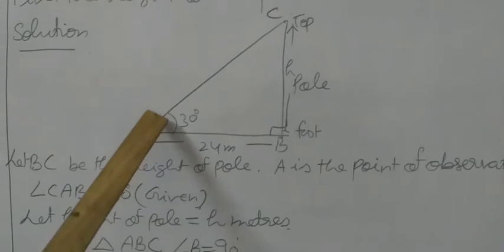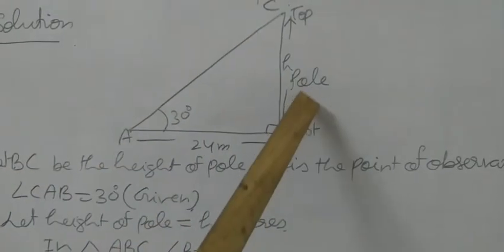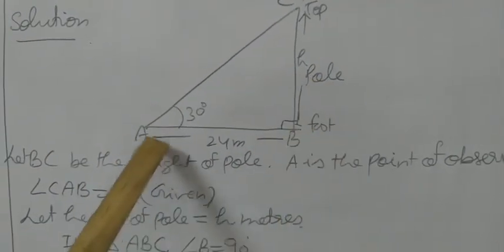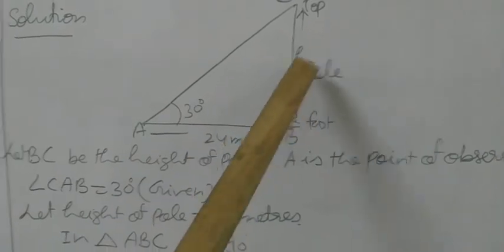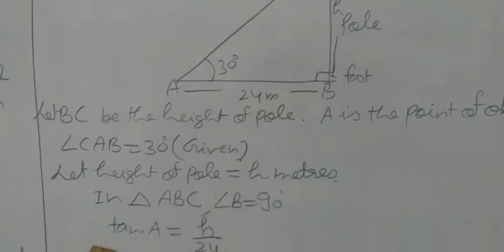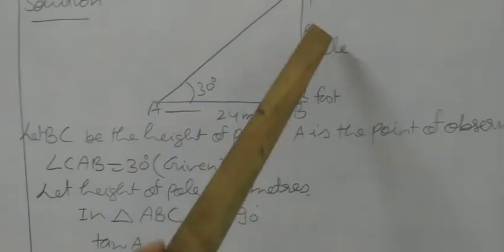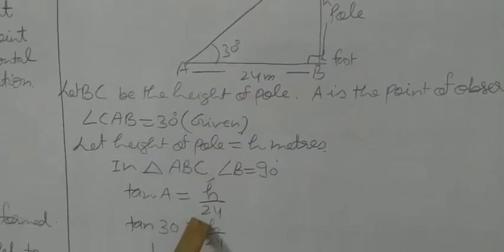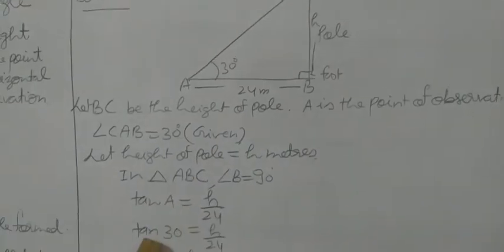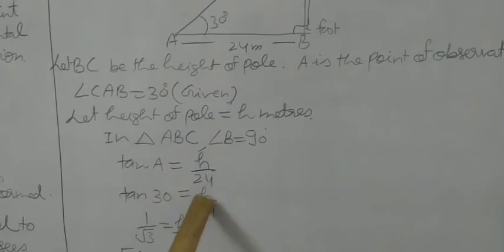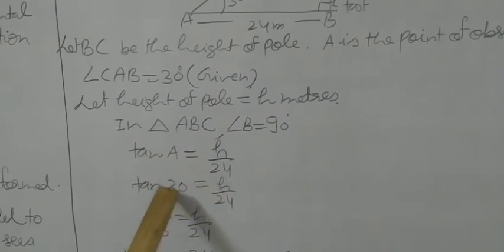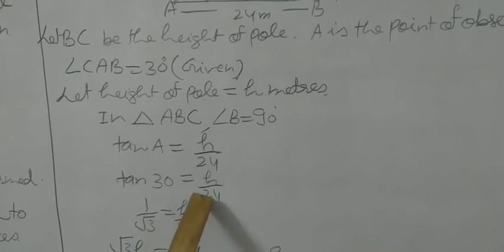So the question is asking about the perpendicular, and the base is given. So we can use P upon B, and we know that tan theta equals P upon B. So we can write tan A equals H upon 24. A value is 30 degrees. So tan 30 equals H upon 24. Tan 30 value is 1 upon root 3, equals H upon 24.